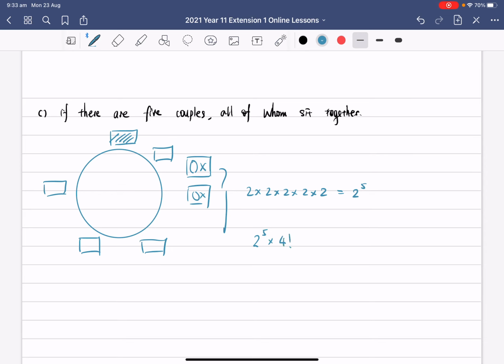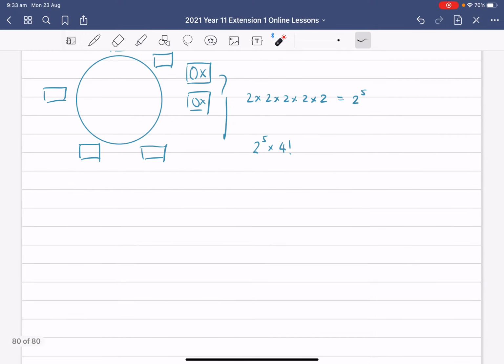It's not a very difficult one to do. I guess the only difficult part is that within each couple, these can be rearranged, so it can be A B or B A order, so that's why you need to times by 2 5 times, and that's 2 to the power 5.